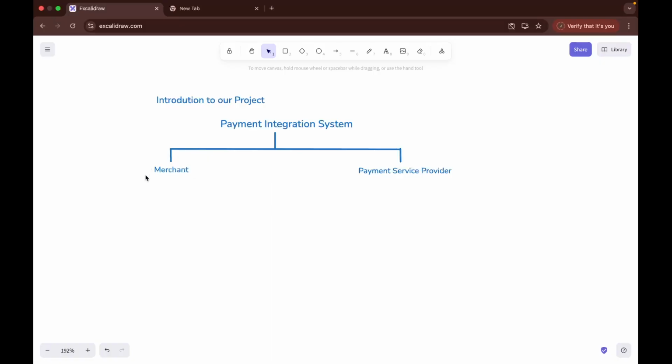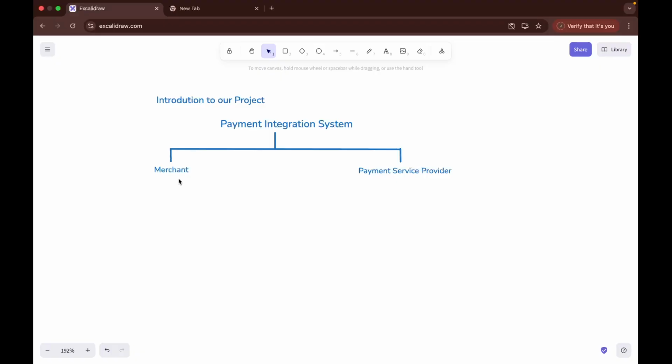First of all, we know about the merchant system. A merchant is any business or website that wants to accept online payments.